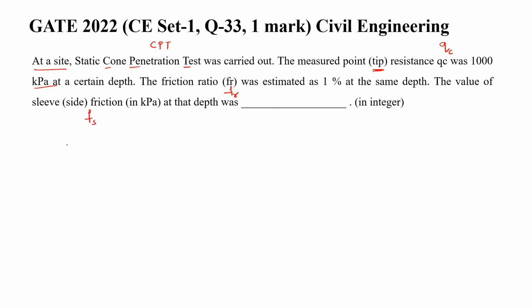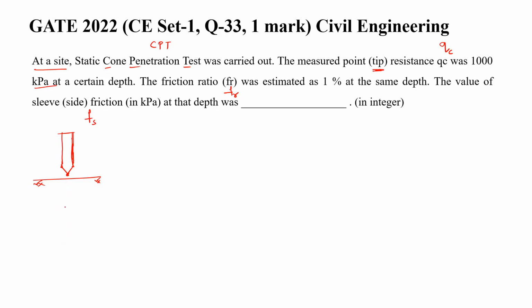So first we should know what the CPT instrument looks like. There is a cylinder attached to a cone with a sharp tip, so it is penetrated into the soil. It is a quasi-static test, continuously penetrated.